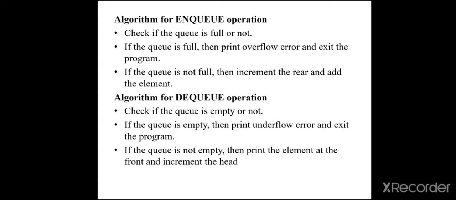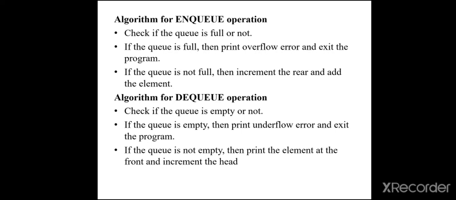Then exit the program. If the queue is not full, then increment the rear and add the element. See, in the insertion operation, first we have to check whether the queue is full or not. If the queue is full, then print overflow error and exit the program. If the queue is not full, then increment the rear and add the element.